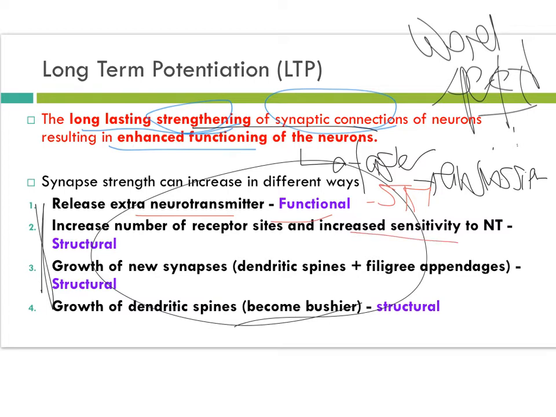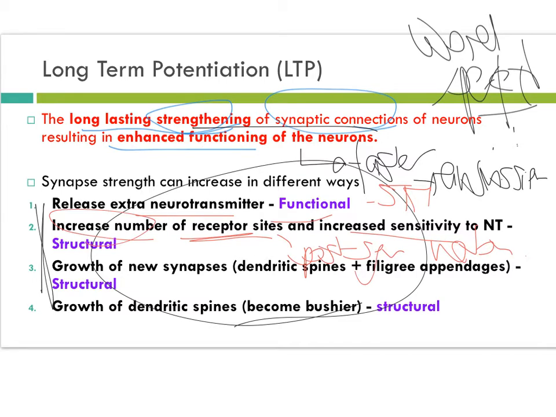So that's actually functional. In terms of structural changes, I want you to make sure that you know at least 3. So we have an increased number of receptor sites on the postsynaptic neuron. And that's why they tend to get more sensitive, because we've got more, so they can take up more neurotransmitter.